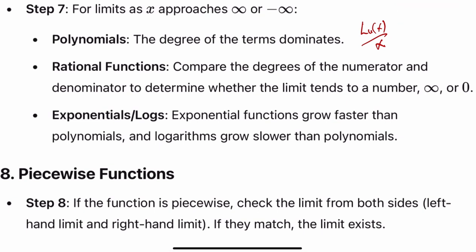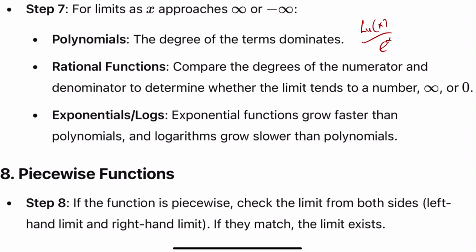So how about if we have a combination of logarithm and exponential? For example, we have this function log of x over the exponential of x. In this function, the log of x is in the numerator and exponential x is in the denominator.